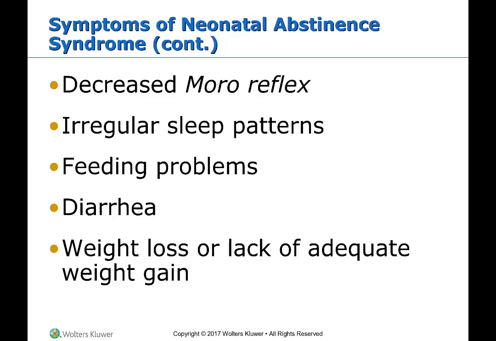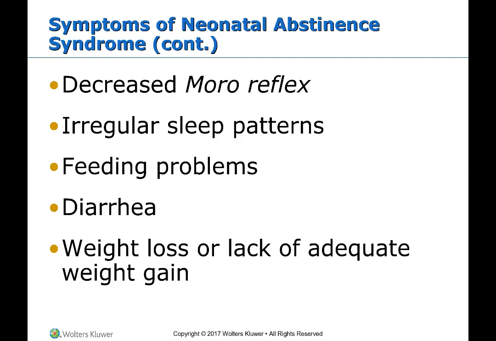Last thing I have here. Symptoms of neonatal abstinence syndrome continue. A decreased Moro reflex, so they're not going to be doing that, throwing up their arms. What about their legs? Know about the Moro reflex, because they will have irregular sleep patterns. They'll have feeding problems, diarrhea, weight loss, or lack of adequate weight gain. So the addicted newborn is hypersensitive.